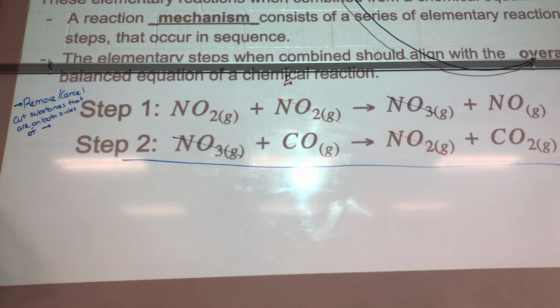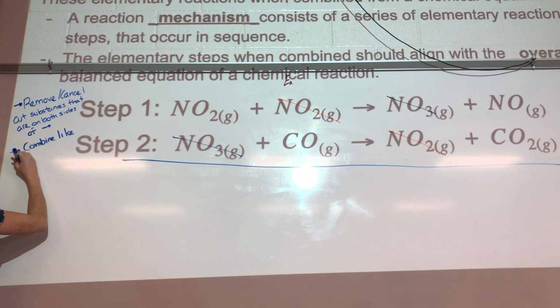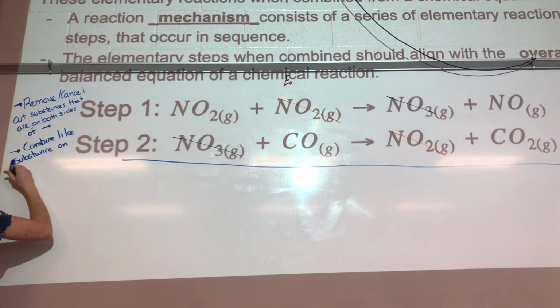Now the other thing you look for is when you add them together, you are also going to combine like substances if they're on the same side. So if it's the same substance on the same side, you can combine it and say you have two of them. So combine like substances on the same side of the arrow.